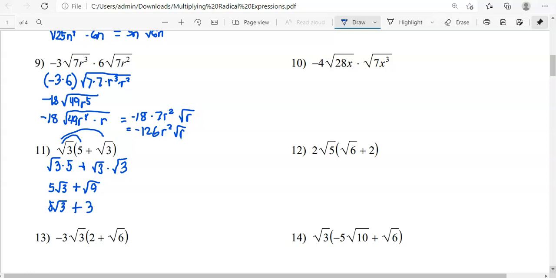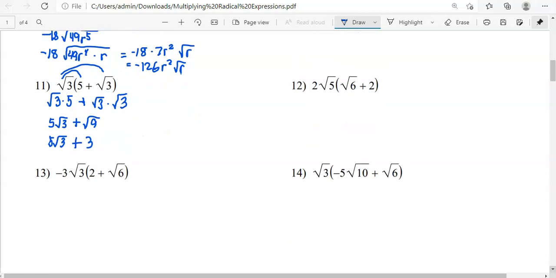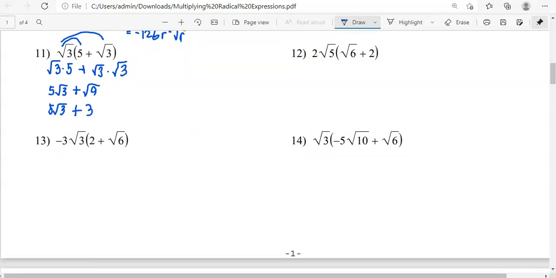Okay, next, number 13. Negative 3 square root of 3 times the quantity of 2 plus square root of 6. So, distribute lang natin. So, we will have negative 3 square root of 3 times 2.